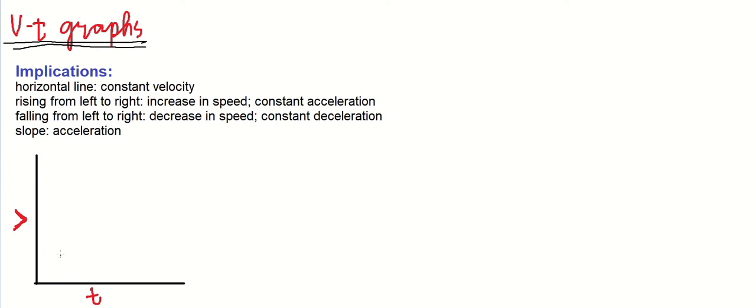So, gusto ko munang mag-focus siguro sa slope, because it will be easier for us to detect kung ano ba itong rising, falling, horizontal line na to if we already have a concept of the slope. So, we will start with the slope of a graph, of a VT graph to be more specific.